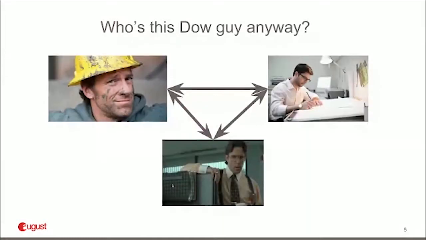Why should you care about what I have to say about that? I started my career, as most people do, as an engineer, doing the dirty jobs that engineers do, writing a lot of low-level stuff. Over the course of my career, I moved amongst being an architect or a principal engineer, being a manager, and back to being an individual contributor. In fact, when we started August, I was the only engineer in the company. So there was nobody to manage but the voices in my head.